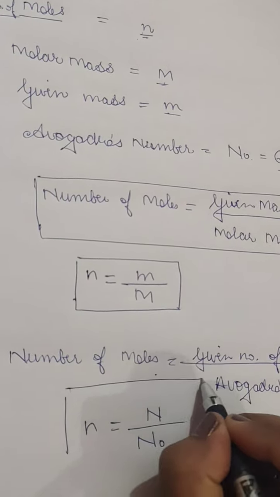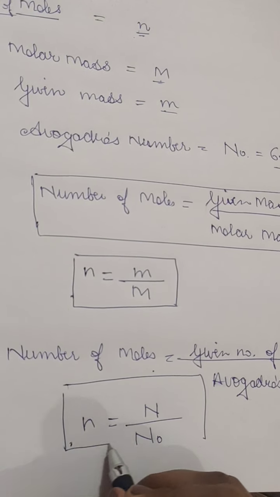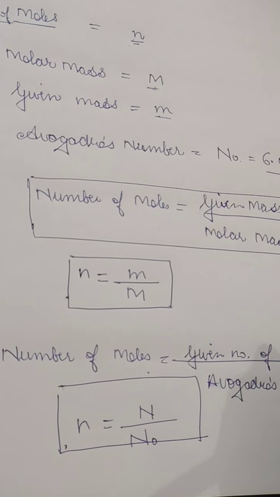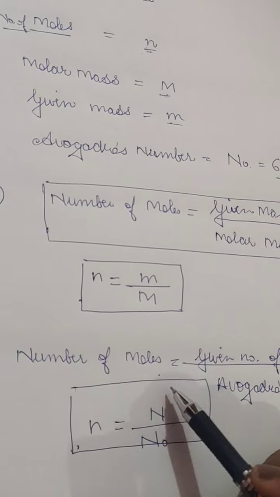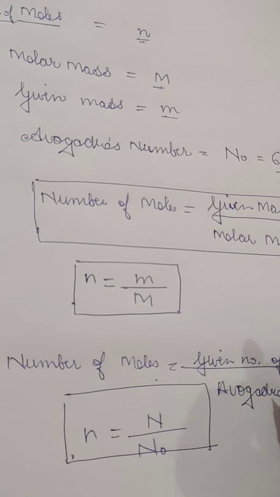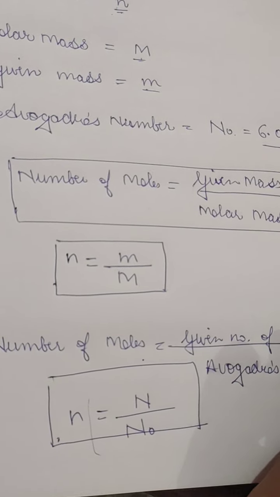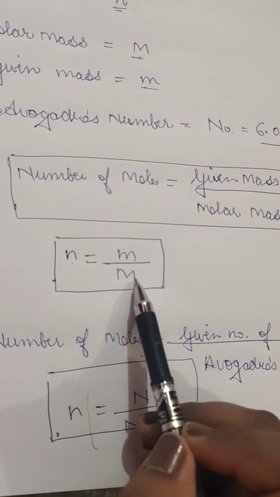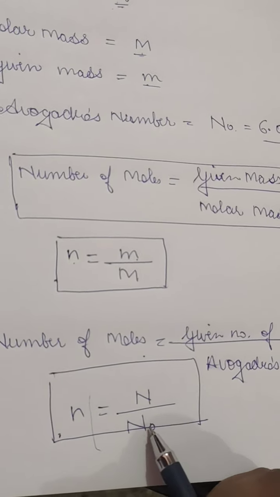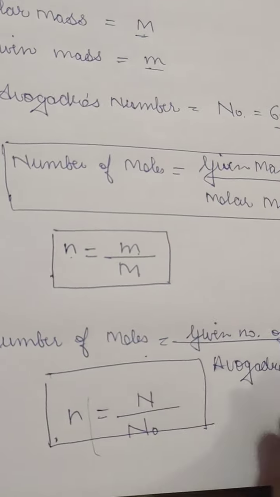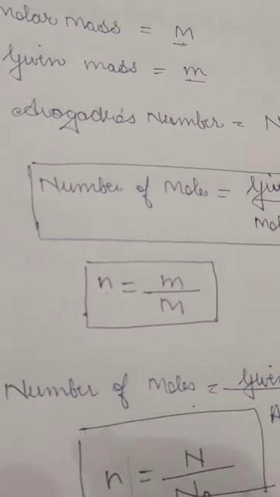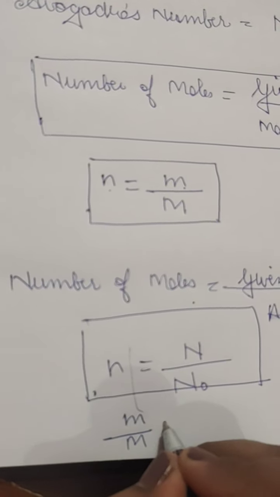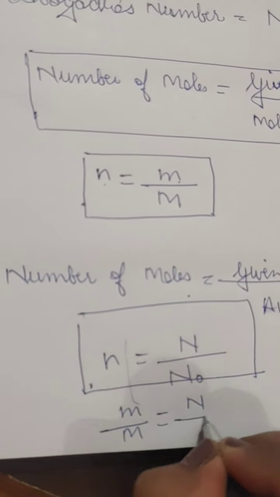So we have got two formulas from here. One is n equals small m upon M, and the other one is n equals capital N upon N naught. Depending upon what has been given in the question, we use a formula. Out of these two formulas we can make a new relation: since n equals m upon M, and n also equals N upon N naught, these values can be equal, so m upon M equals N upon N naught.